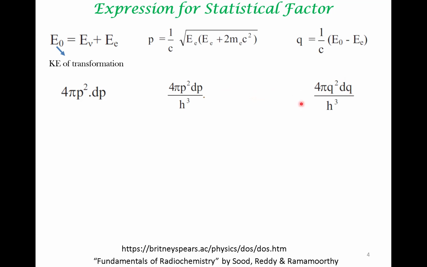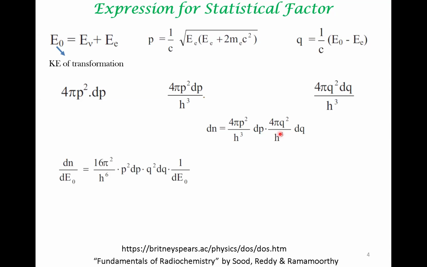These two are rather independent, right? So the total number of states is given by the number of states of the beta particle times the number of states of the neutrino. This is the total number of states because they are independent.